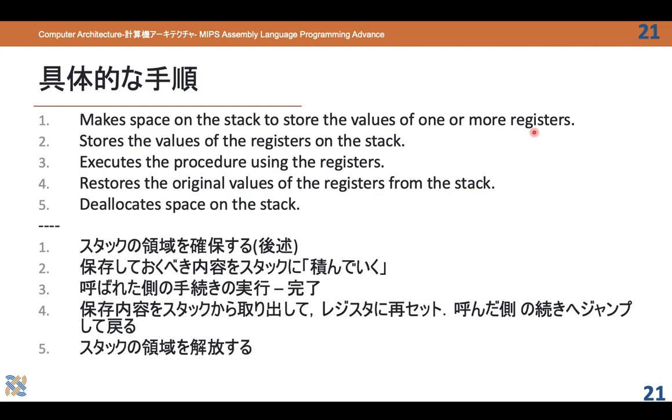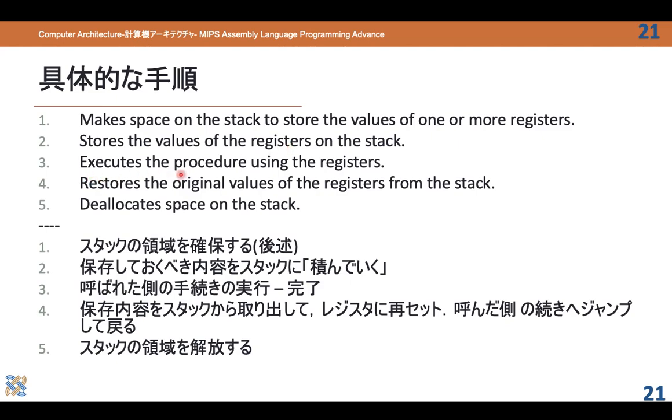In principle, here I put the summary in both English and Japanese. What you have to do is first make space by decrementing the value of the stack pointer by 4, 8, 12, 16 like this, based on the number of variables. Then you can store the registers to the stack as you need.